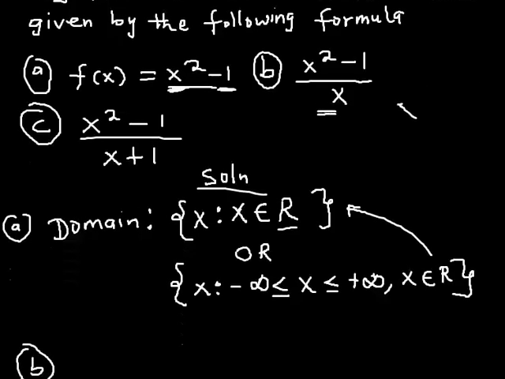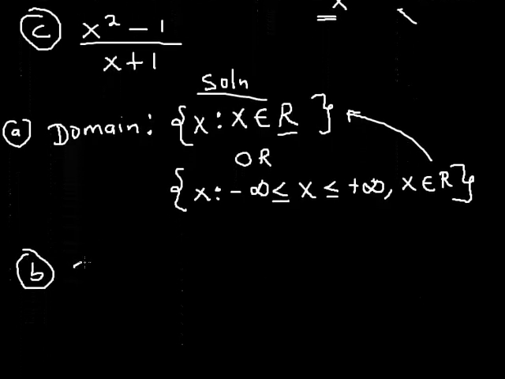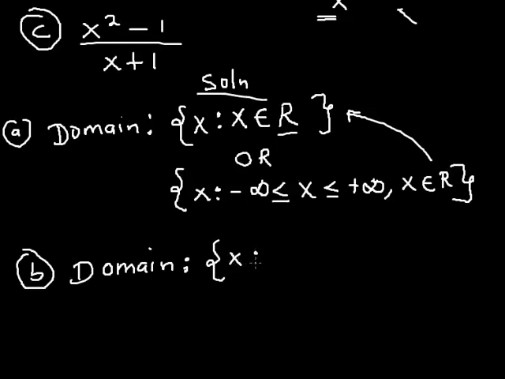So now how do I write it in set builder format? I'll write it this way. The domain of that function is going to be the set of x such that x is a member of all real numbers, but there's an exception: x must not be equal to 0.